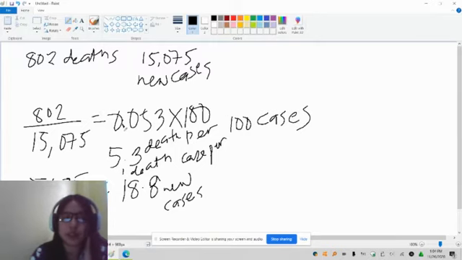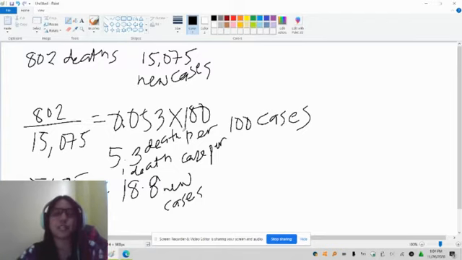Because if it is 0.053, we will state that there is 0.053 deaths per case. But since we multiply it by 100, it's more easily understood. So it's 5.3 deaths per 100 cases, or it can be 1 death for every 18.8 new cases.